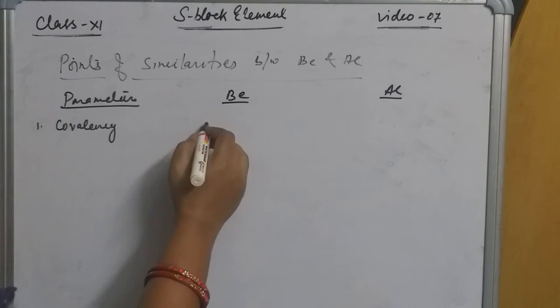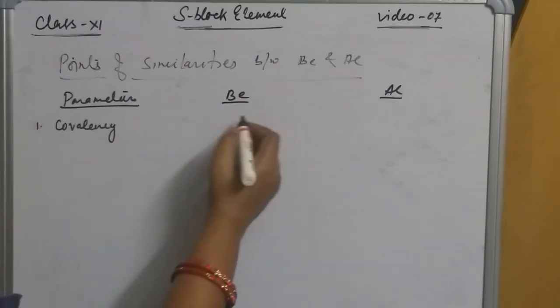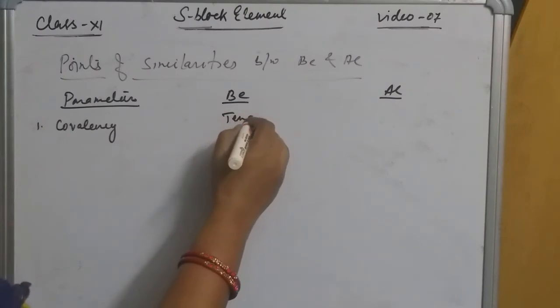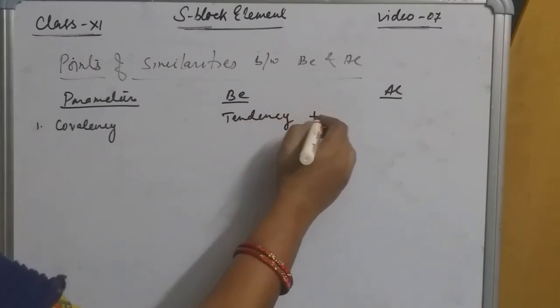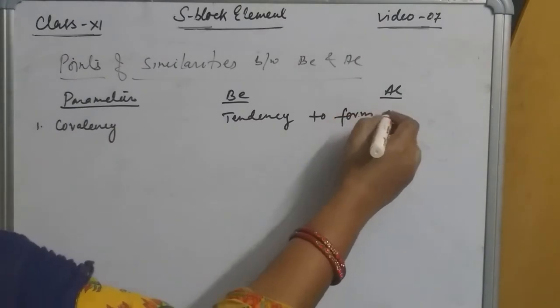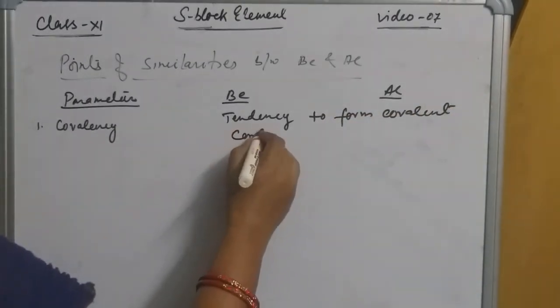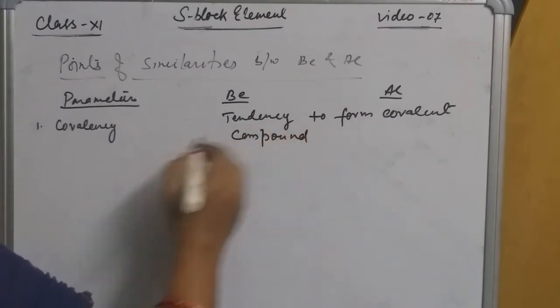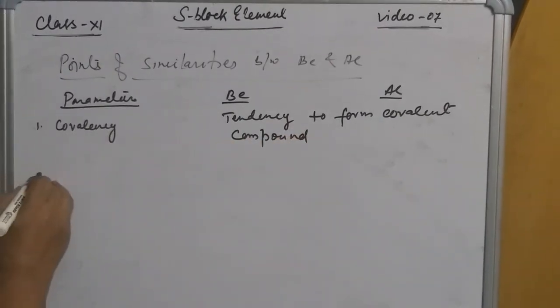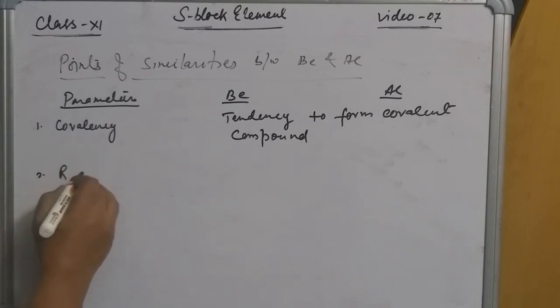Beryllium and aluminum both have the tendency to form covalent compounds. Number 2, reaction with acid.